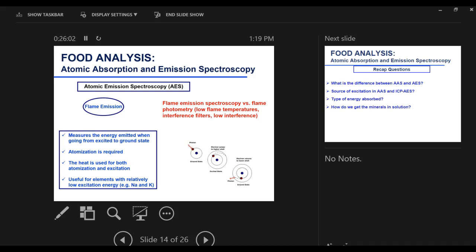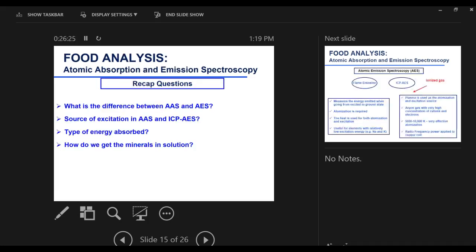So the heat that you generate is used for both, and because of that, only the elements that excite at lower energy are usually measured using flame emission spectroscopy or photometry. So these are sodium and potassium. They get excited at lower temperature, so you can measure those with flame emission spectroscopy.